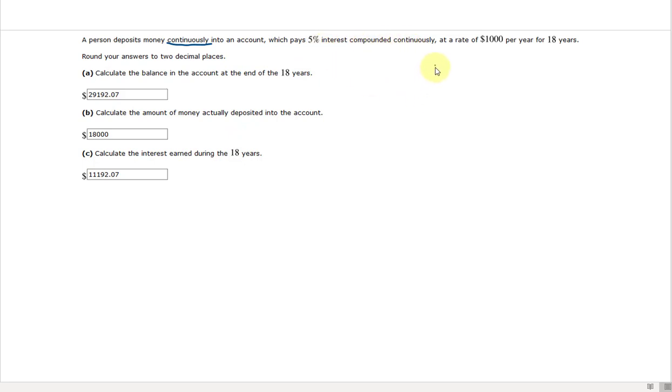So we know r is 5% or 0.05, at the rate of 1,000 per year. So this is the flow of money. The flow of money is S of t, 1,000 per year for 18 years. So we have 18 years, the big M is 18 from the formula.